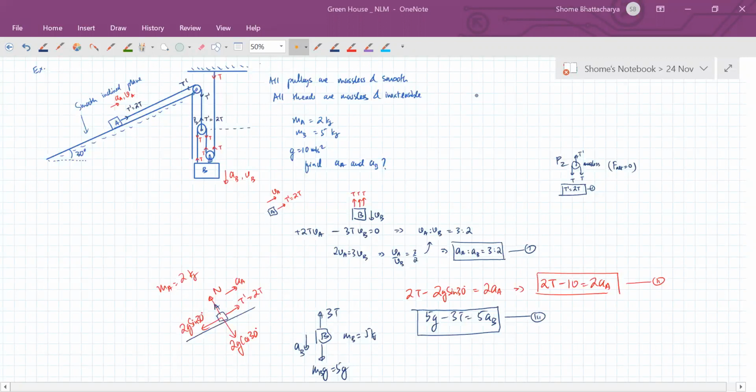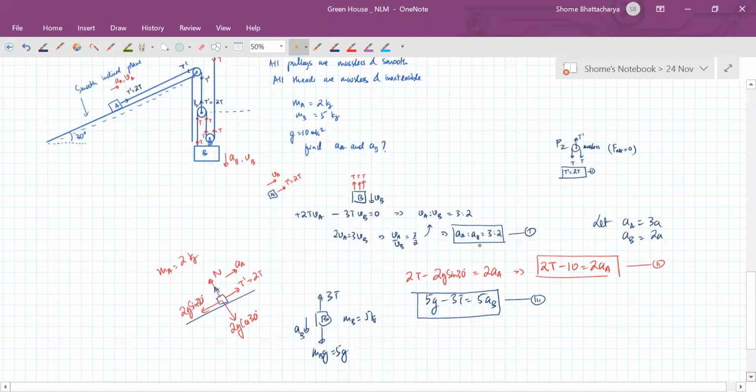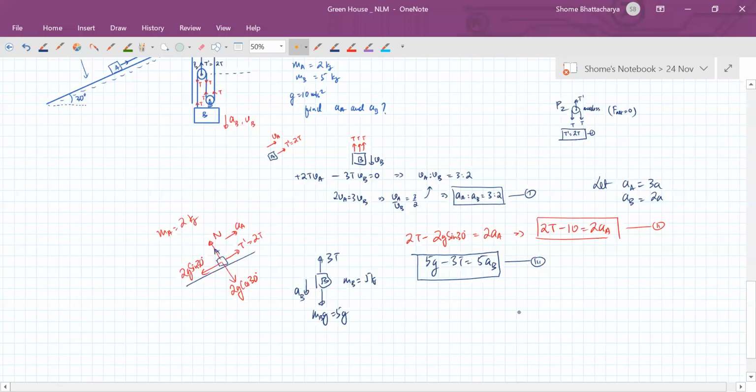Okay, so because the ratio of accelerations is like this, you can take the acceleration of A as 3a and the acceleration of B will become 2a. So we'll substitute that. Further, this equation we can write as 2T minus 10 is equal to 2 into 3a.